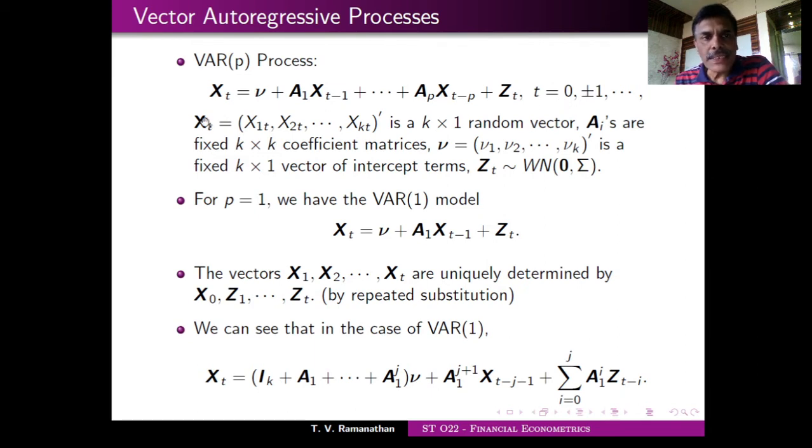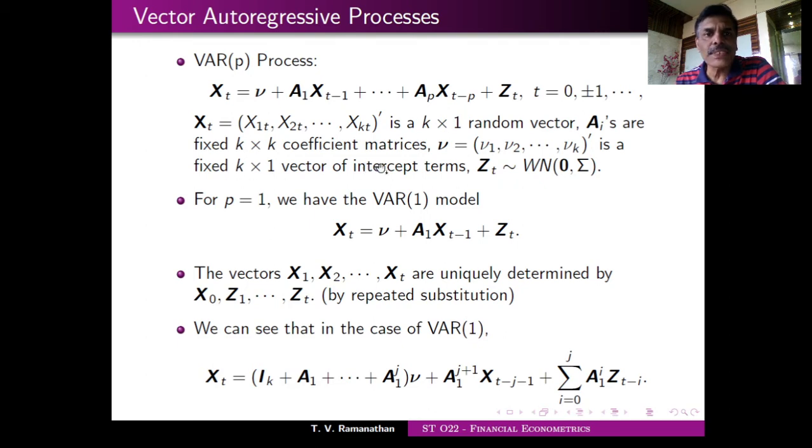Now here xt is a k by 1 vector. It has k components, so it's a k-component or k-variate time series. It has a similar structure to that of a univariate AR, but the only difference is that there these coefficients were scalars, but now they are matrices. So A1 is a matrix, A2 is a matrix, etc., Ap is a matrix.